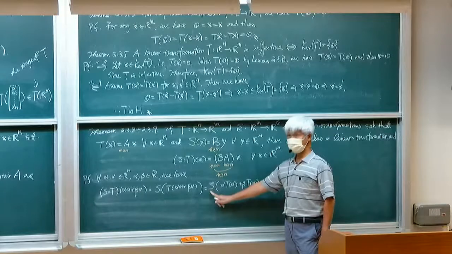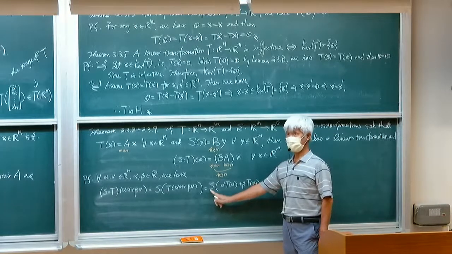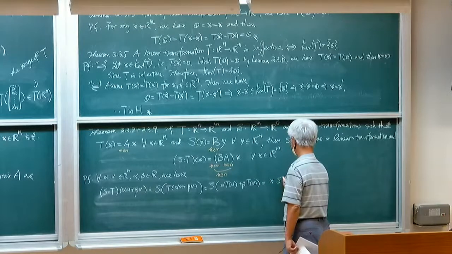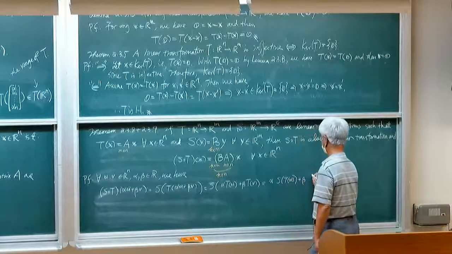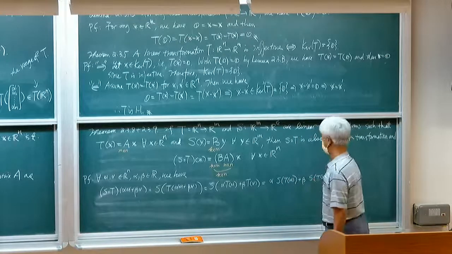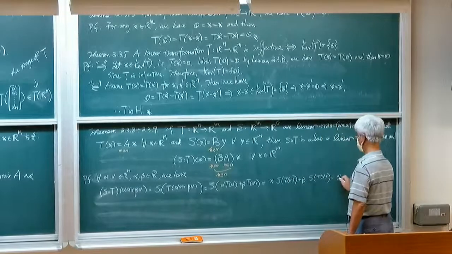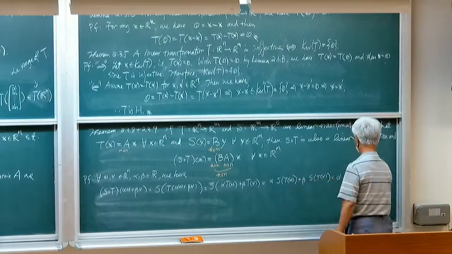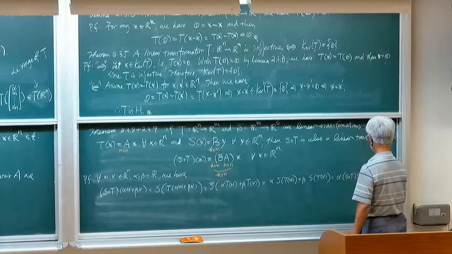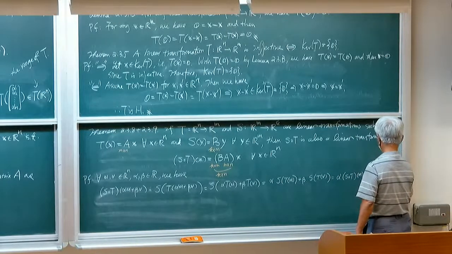Now this is a linear combination of Tu and Tv, and by the linearity of S, we have alpha S of Tu plus beta S of Tv. And what is that? This is alpha S circle T on u plus beta S circle T on v.